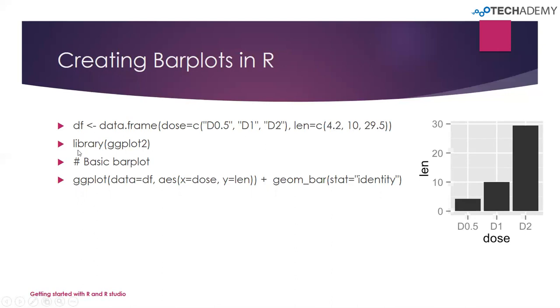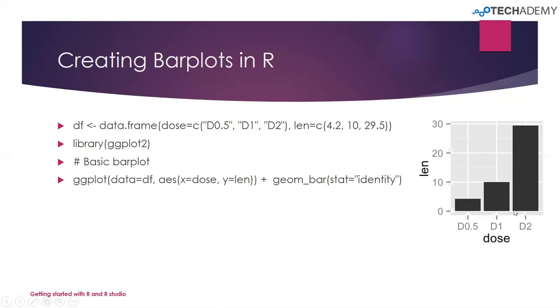Then I am loading the library ggplot2 and calling a function called ggplot. Data equal to df means I am specifying that my data will come from this particular data frame. Then aes is another function where I specify what will be my x-axis and what will be my y-axis. So dose will be on the x-axis.